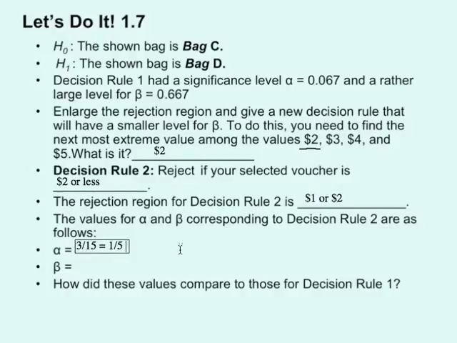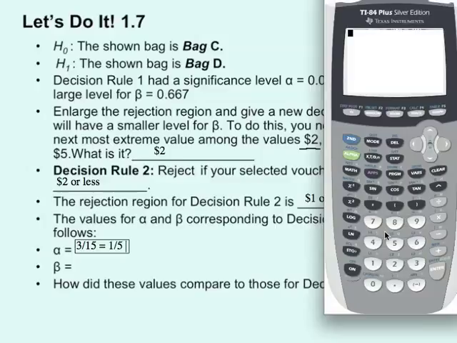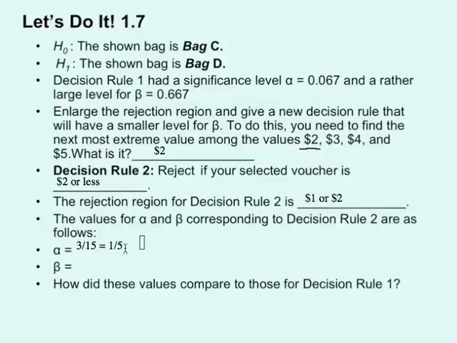Or if you choose to, you can use your calculator to see what 1/5 or 3/15 is as a decimal, and that turns out to be 0.2. So we could say that it's also equal to 0.2, which is equal to, if you want to call it a percentage, 20%.